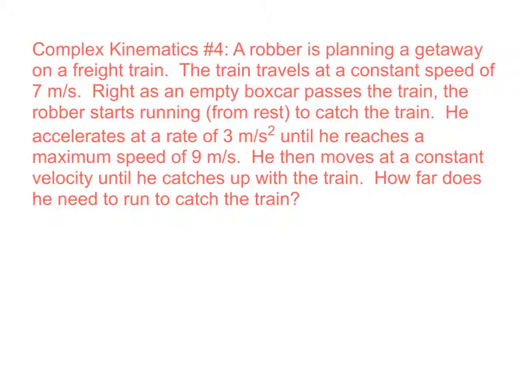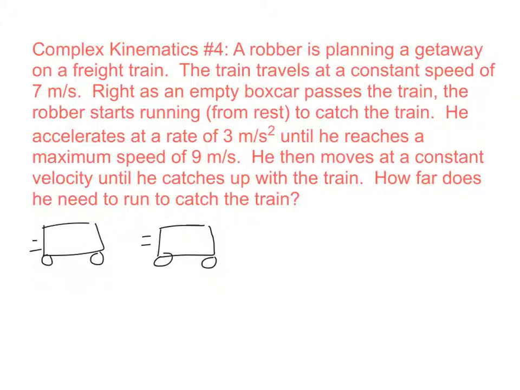So there is a little bit going on here. We've got two objects that we're dealing with, a train and a robber. So let's draw both. Here's our train moving at a constant velocity. So the train's going the whole time at the same speed.